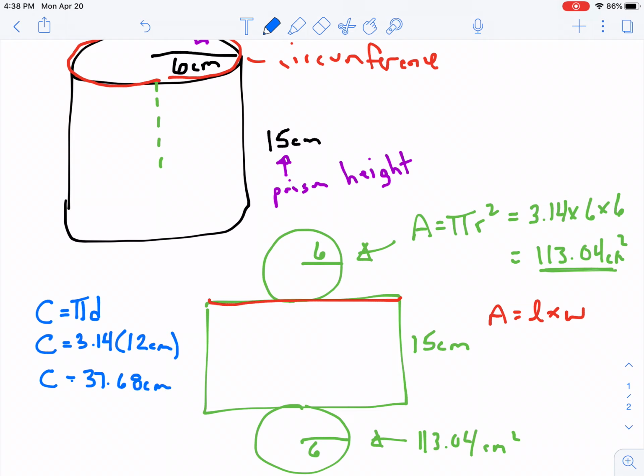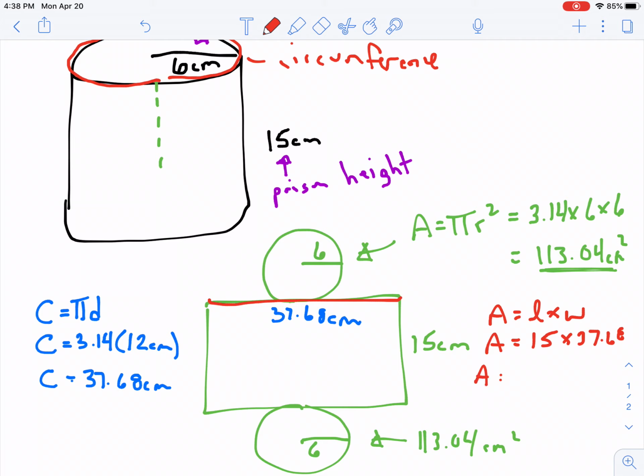So now we know this distance here is 37.68 centimeters. I can do my calculation now because I have both side lengths for my area. This is simply a matter of multiplying my length, 15 centimeters, times my width, in this case the circumference, 37.68.